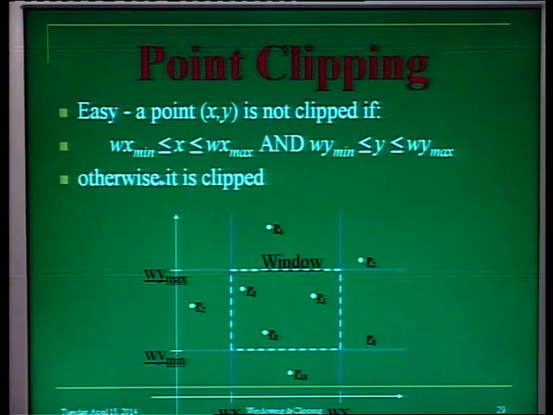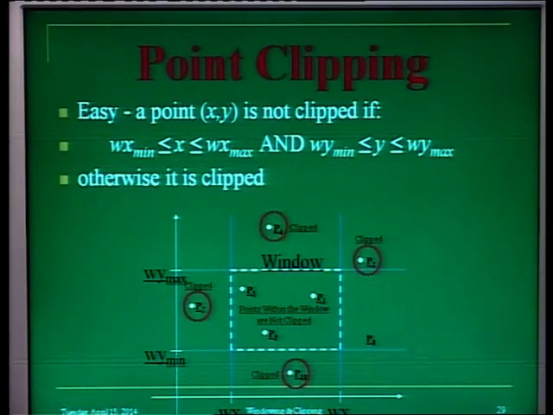These are called inequalities because they are not equalities. In this example we can see the points which are clipped: P4, P2, P8, P10 and P7. All these points will be clipped because they are outside of the window size. The points within the window, like P5, P1 and P9, will not be clipped because they are within the size of the window.